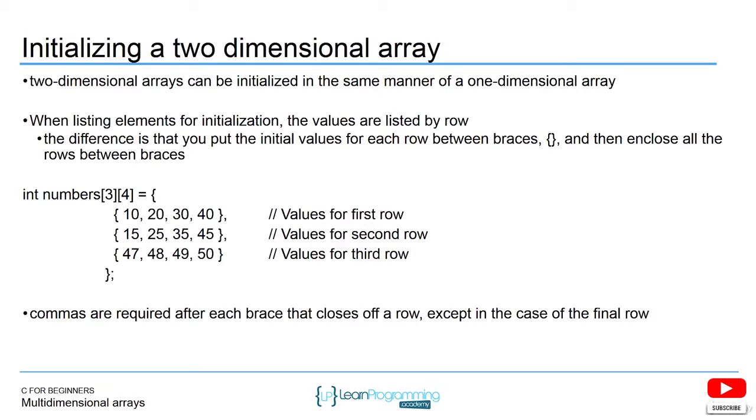So the upper left hand coordinate, which would be row 1, column 1, would be 0, 0, and that would be equal to 10. Row 1, column 2, I'm sorry, would be equal to 20, but you would access it as numbers 0 sub 1.